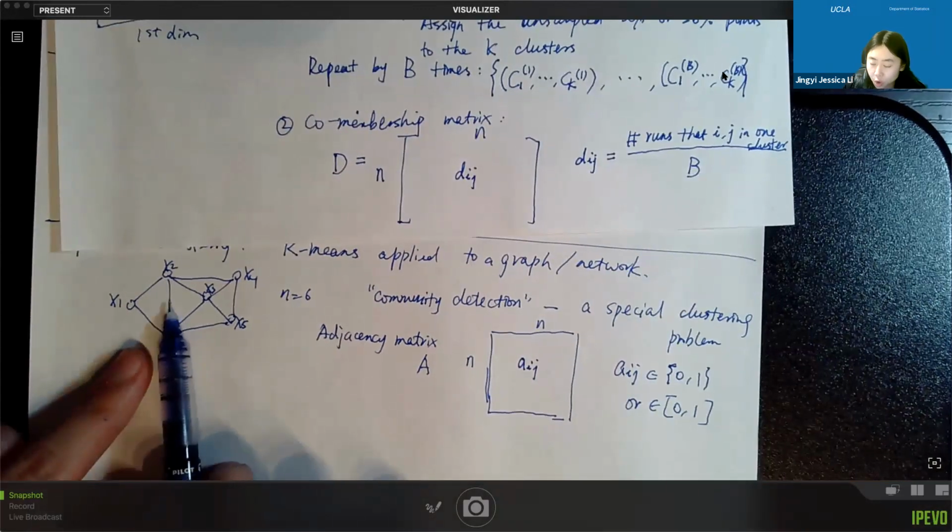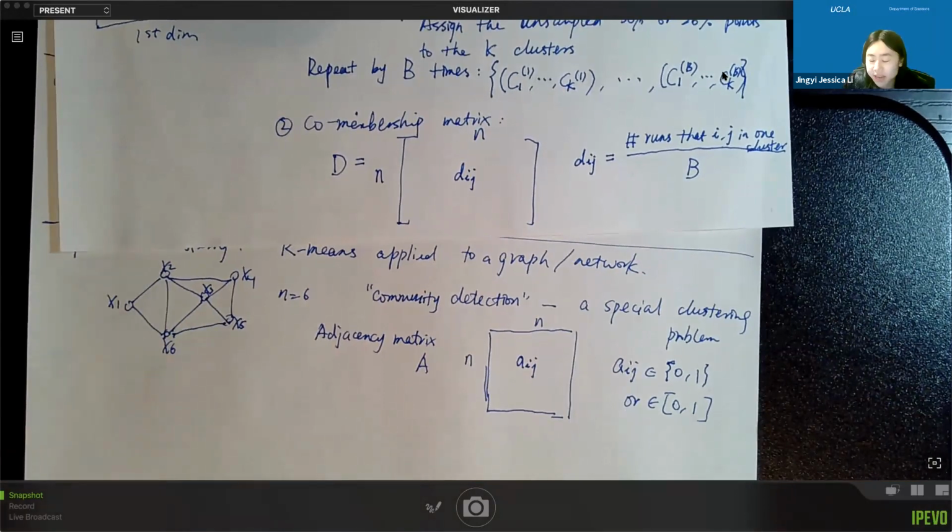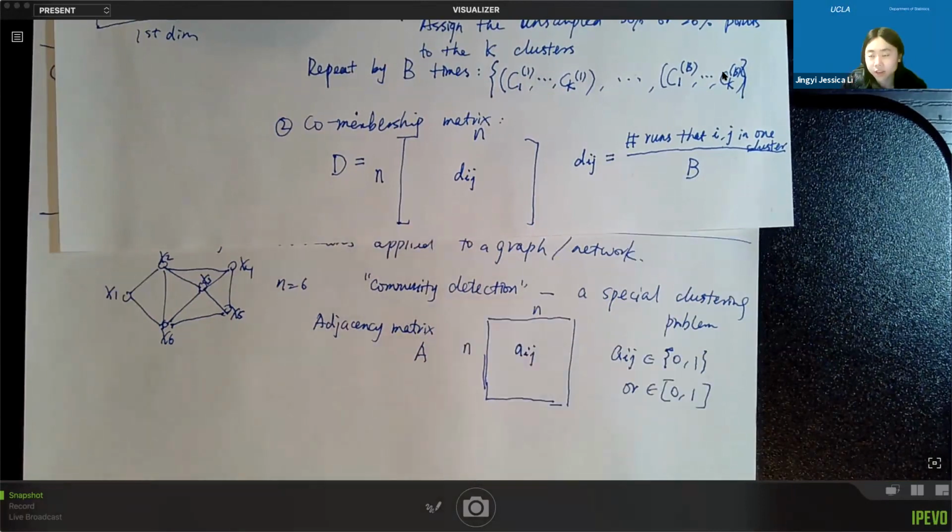That is what we call a weighted network. For each edge you have a weight, and the weight can be as small as 0 or as big as 1. That's the data you have, and you're going to do clustering of the n nodes based on this adjacency matrix. That's the problem. So how does spectral clustering work?